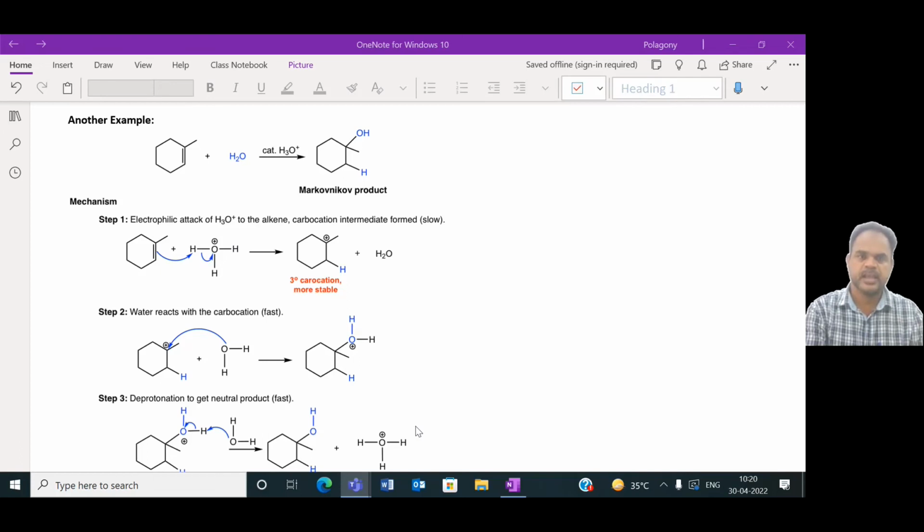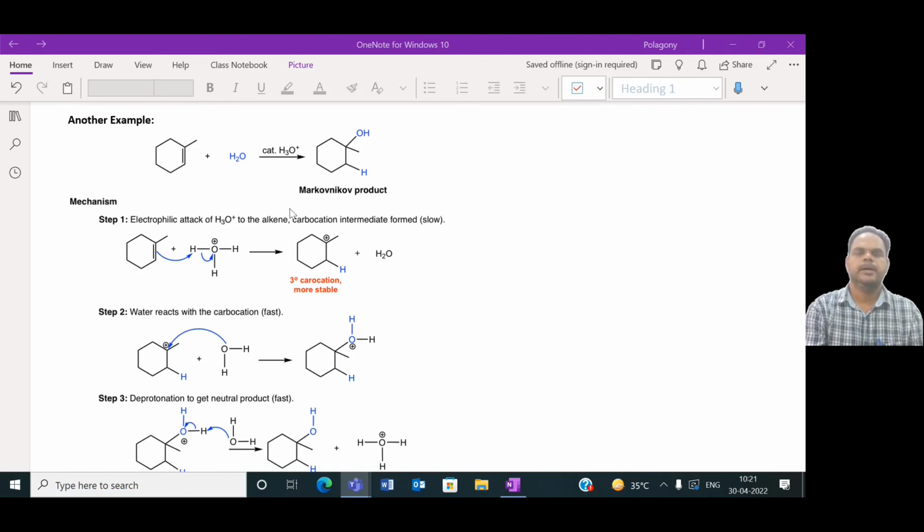Then the product we get is a stable product, 1-methyl cyclohexanol, and the acid catalyst is formed once again. So this is the mechanism of acid catalyzed hydration of alkenes that we can follow.